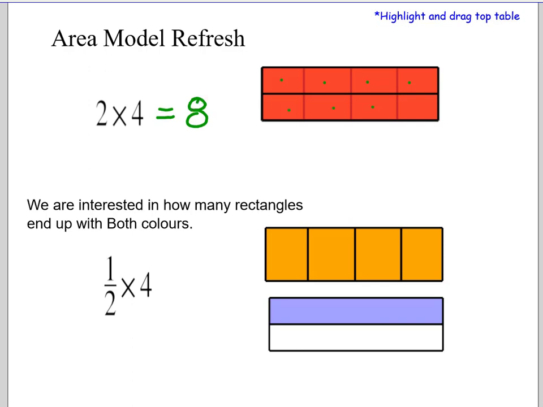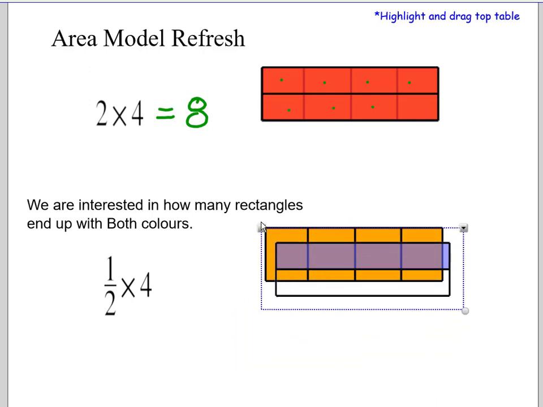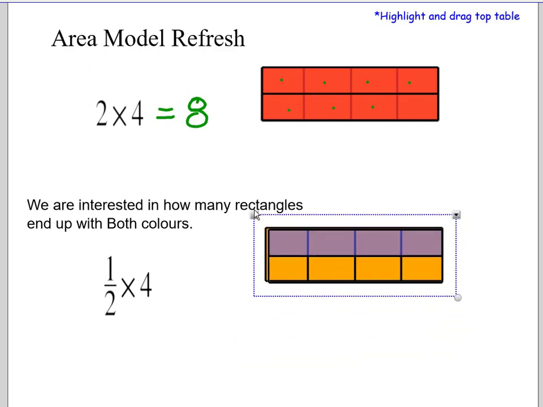If I come down here and I do a half times 4, and I drag this up and I cover it, I'm interested in how many rectangles have both colors, both purple and orange. So if we count them up, we have 1, 2, 3, 4. But there's something slightly different about this one. We need to know the size of those pieces.